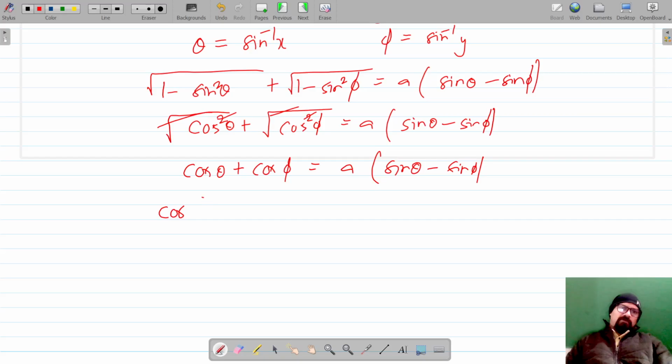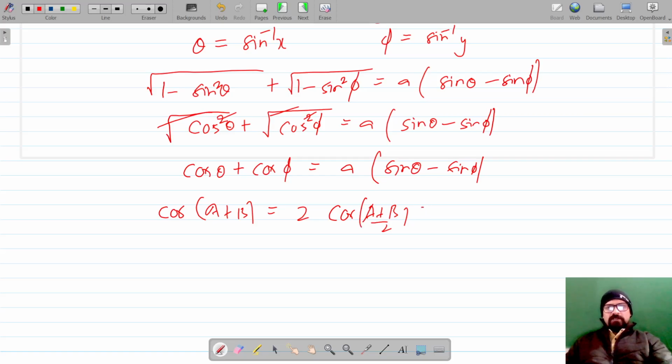So I'm going to use the formula for cos a plus cos b, which is 2 times cos of a plus b by 2 into cos of a minus b by 2. For sine a minus sine b, I'm going to use a different formula.